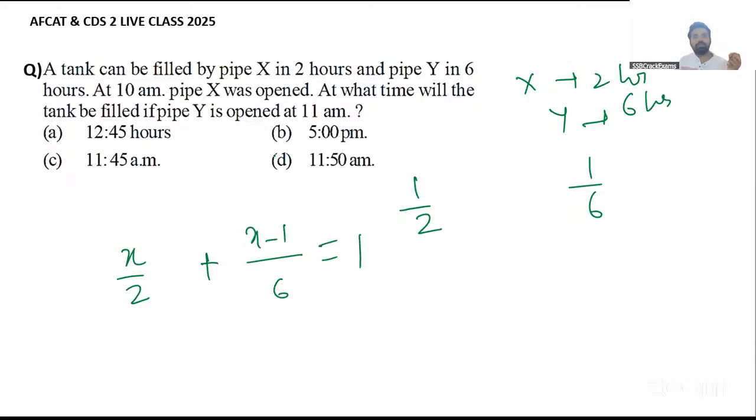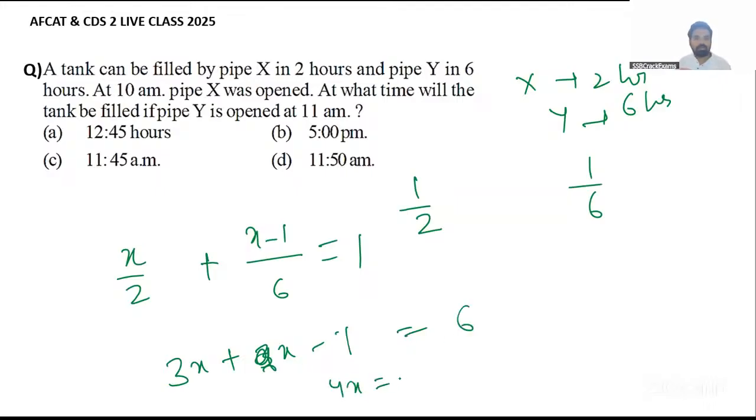You can take it as X, then it will be X plus 1. Whatever you take does not matter. So it is 3x plus 3x minus 3, or x minus 1, is equal to 6.